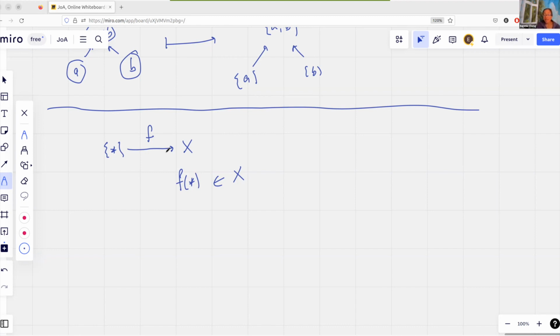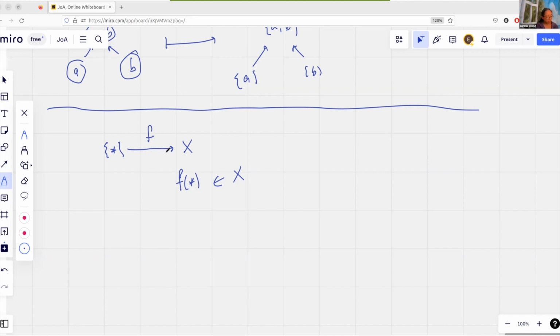You can have an empty category with no objects and no morphisms, which is different from a group, because you can't have an empty group, since a group has to have an identity element. A category has to have one identity element for each object, but if there are no objects, then it doesn't have to have any morphisms at all.